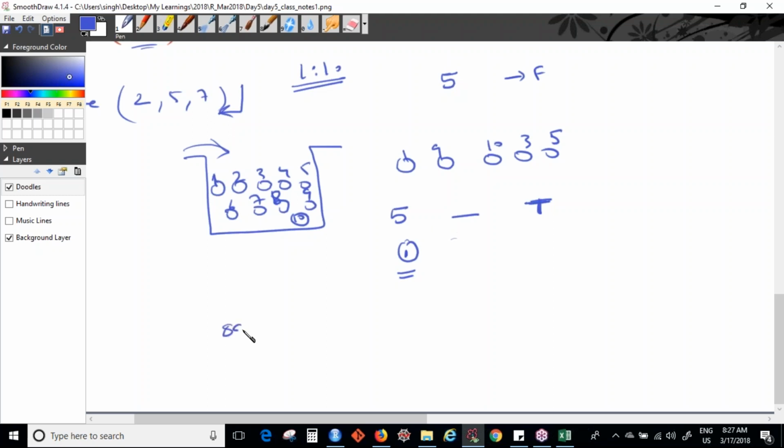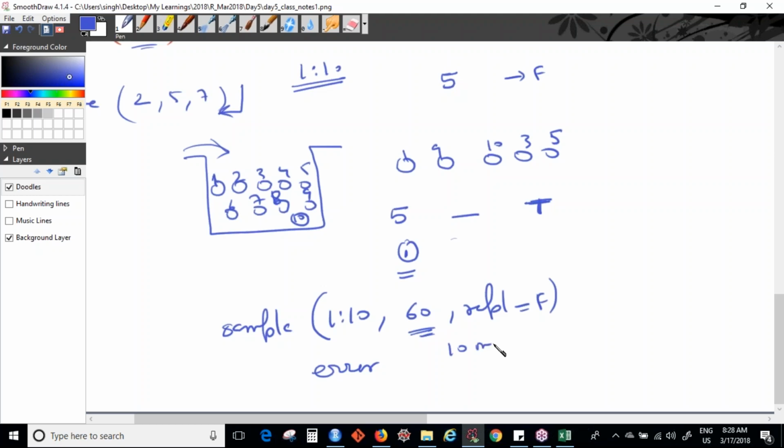If you write sample, let's say 1:10, and you give a size of 60 with replace is equal to false, you will get an error, because with replace false, it cannot pick a sample of 60 from 10 population. It can only pick max of 10, not more than 10, because after 10 your bag will be empty.